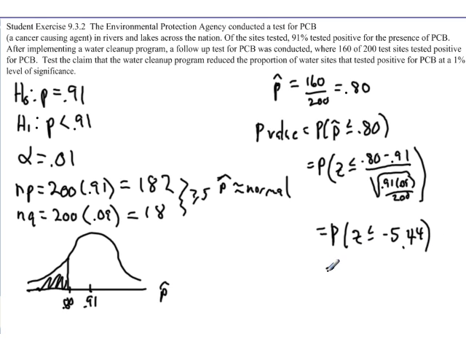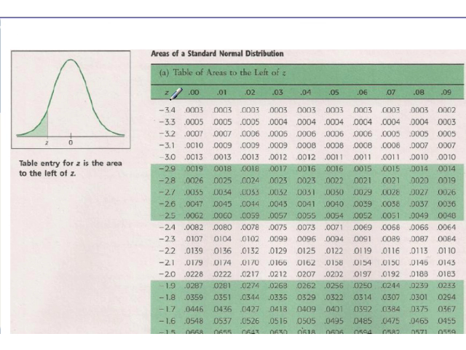And by now, you probably recognize that a z-value of minus 5.44 has a probability of 0, because the z table only goes to negative 3.44, and anything smaller than that has a probability of essentially 0.